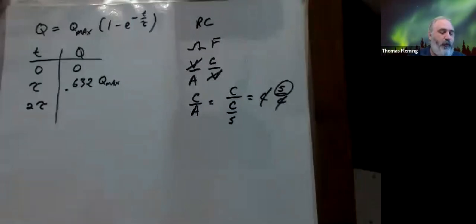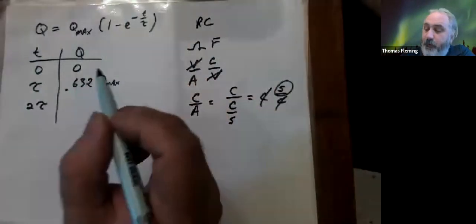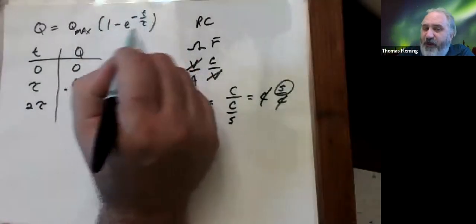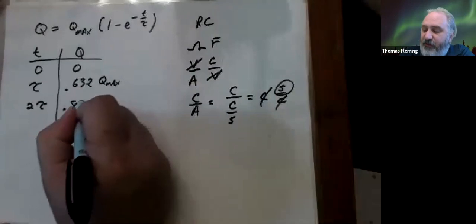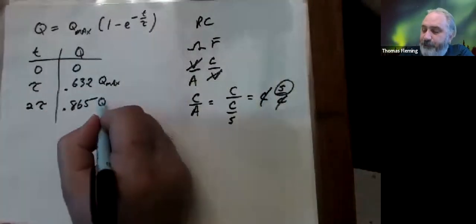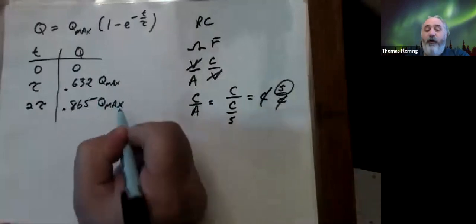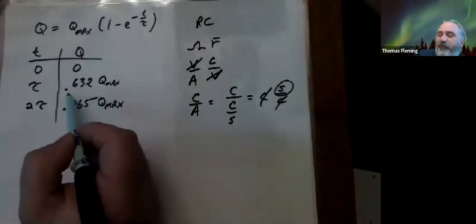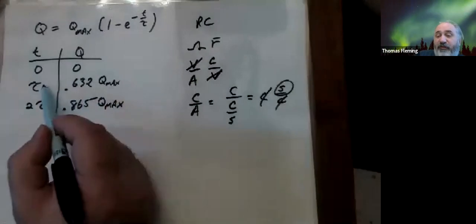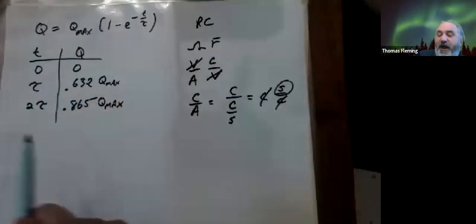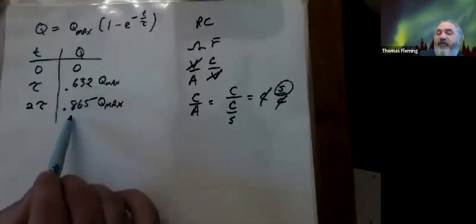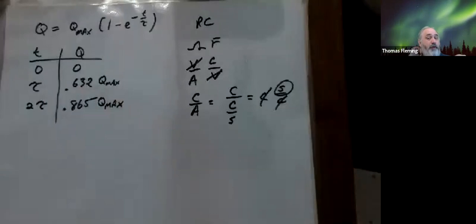When I subtract that from 1, I get about 0.864 or 0.865, we'll call it. So after 2 time constants, this entire thing has reduced to 0.865. And of course, it's times Q max. So even though I charged up 63% of the way during the first time constant, or the first 10 seconds, the next 10 seconds, I only went from 63.2% up to 86.5%. So my little progress bar has not jumped up nearly as much during the second period of time as it did during the first period of time.